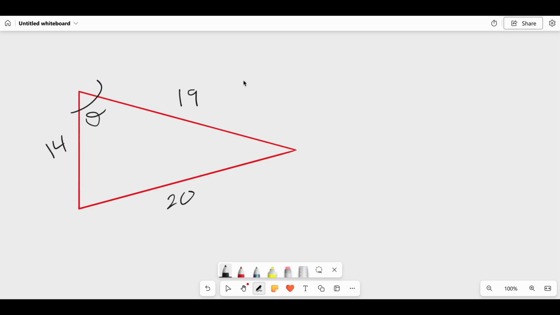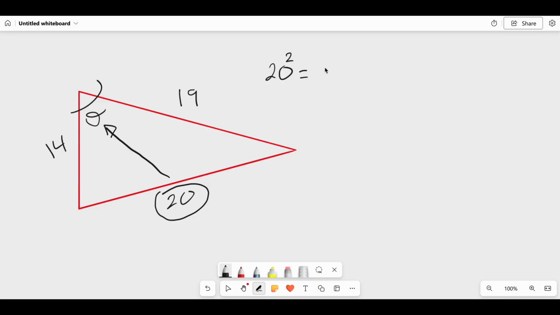So again, since this is the side that is opposite to the angle that we are looking for, this is the number that we need to plug on the other side of the equation.